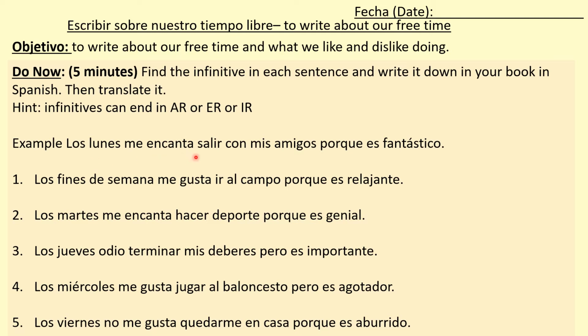It's not in its infinitive form. But here we have salir. Salir ends in IR, and it's the only verb there ending AR, ER or IR. So that is my answer. So I'm going to write salir. You can see I've underlined the ending, so I'm really clear that is the infinitive, and then I've translated it, and salir means to go out.